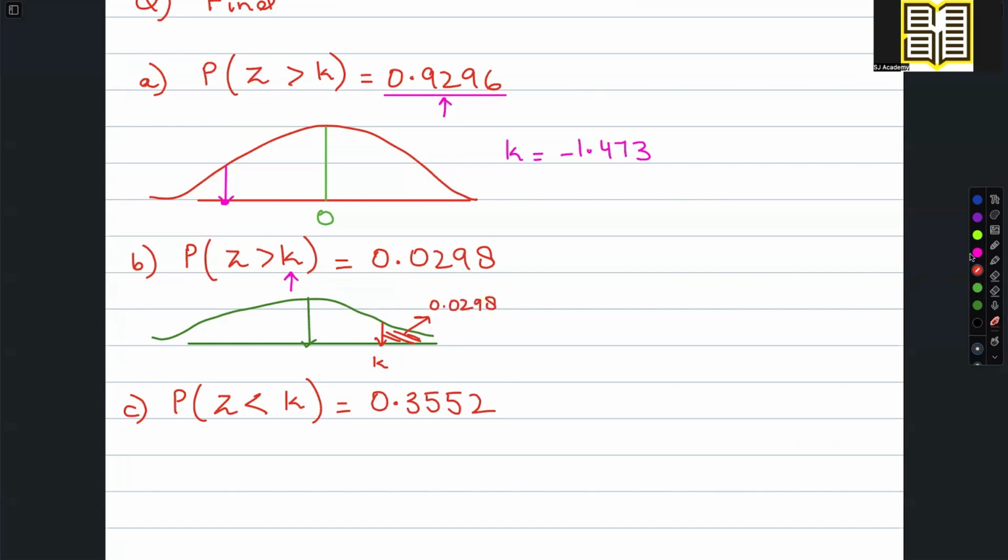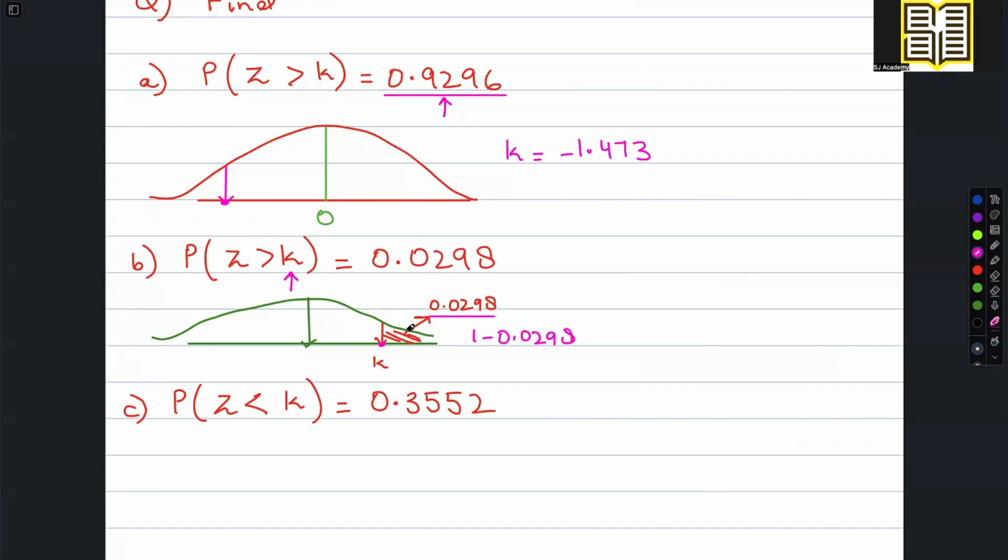Now in the table, all the values are above 0.5, but as the normal distribution graph is symmetrical, we can subtract this probability from 1, and whatever probability we get, they both give the same z value.